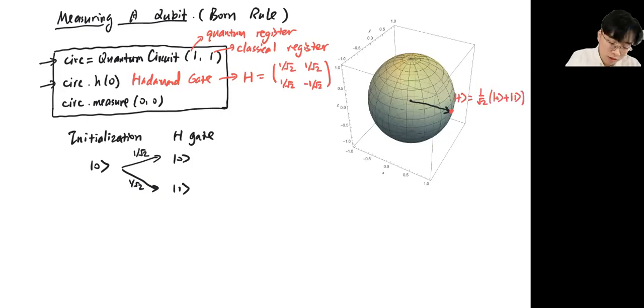Okay, now the third line of the quantum circuit is a measurement. When we measure a qubit, we need to specify the basis that we measure in. And in this case, we are assuming it's measuring in the Z basis. The measurement basis specifies how we look at the information inside of a qubit. And to measure in the Z basis means we project the quantum state along the Z axis, which consists of the quantum state 0 at the North Pole and the state 1 at the South Pole.